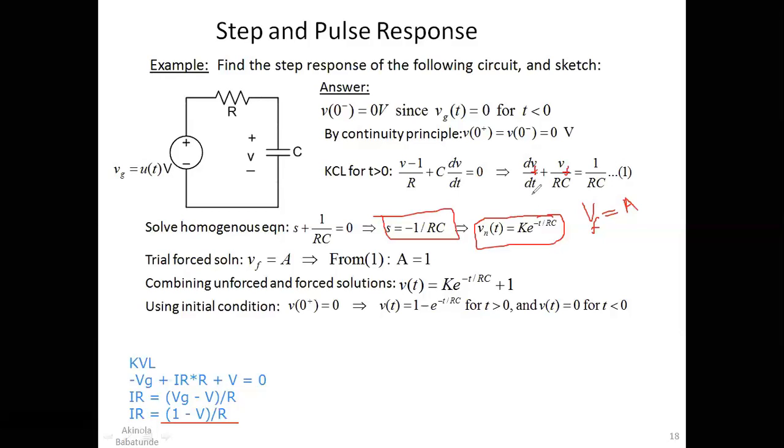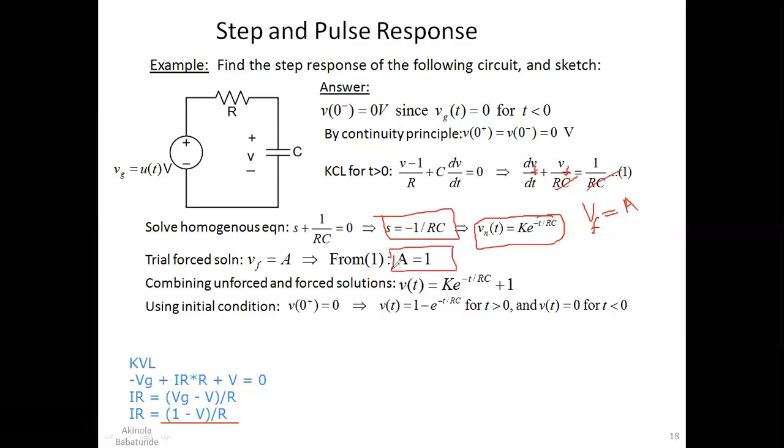This becomes dA/dt, and everything here becomes 0 because the derivative of A, a constant, is 0. Then you're left with A over RC equals 1 over RC. RC will cancel RC, and all you're left with is A equal to 1. That is how they got this A to be equal to 1.